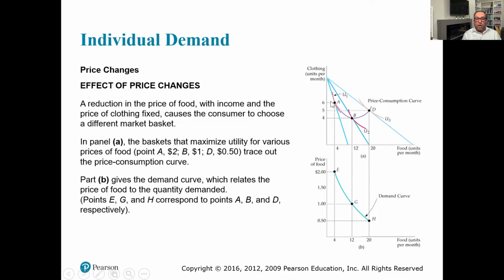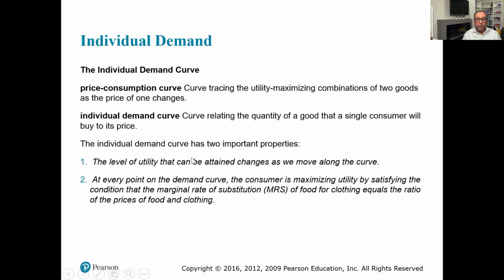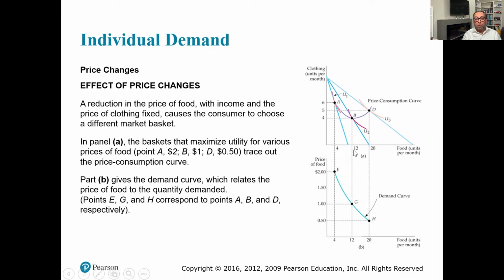We see in the graph in the top right corner the baskets that maximize utility for various prices of goods. We see point A when the consumption of food is around 4 units, and then as the price of food goes down, we move to point B where the consumption increases to 12.